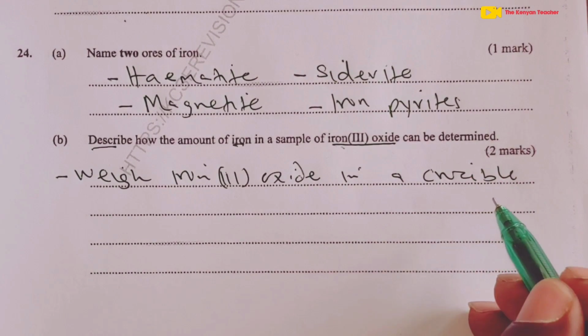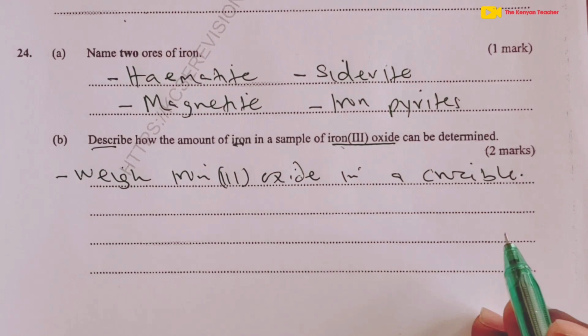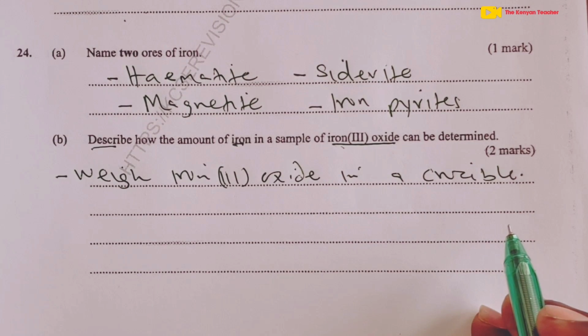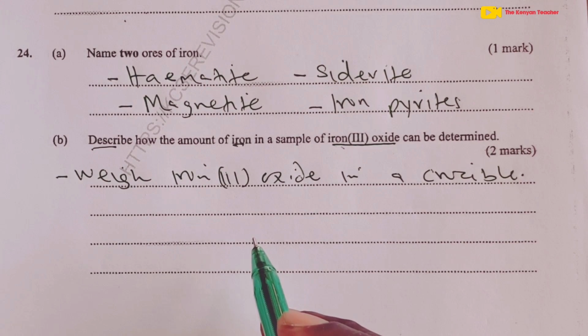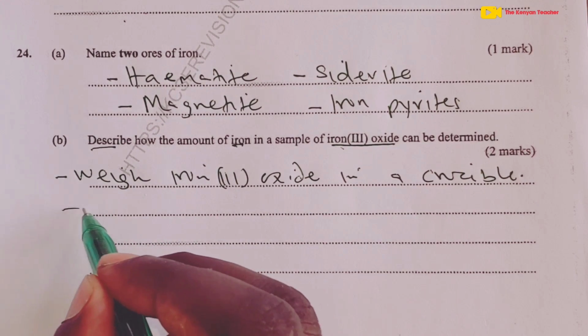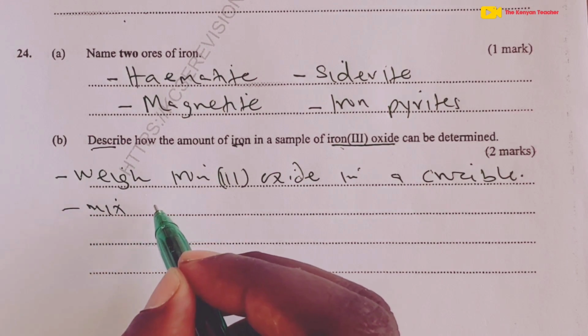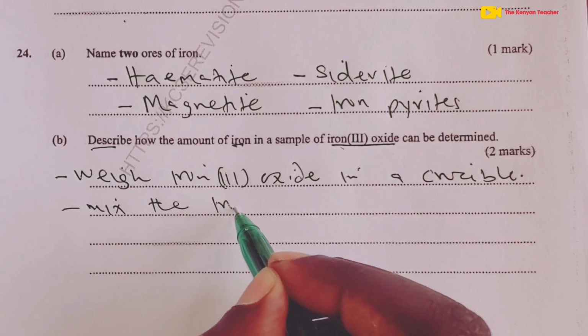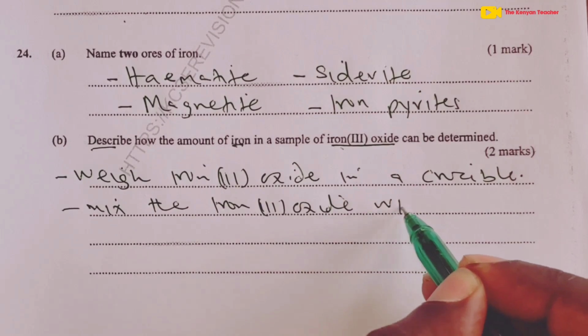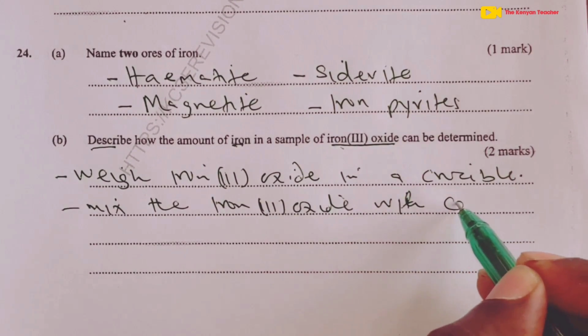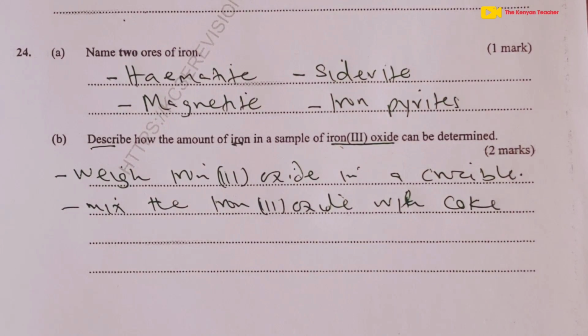Then from here, once we've gotten the weight of our iron 3 oxide, we would want to reduce it using carbon. So we would then mix the ore, which in this case is iron 3 oxide, with coke, or any form of carbon would do.